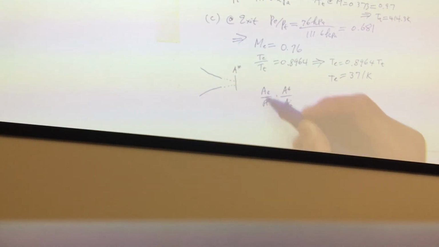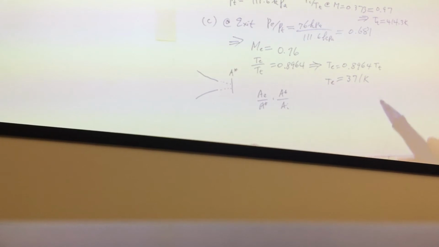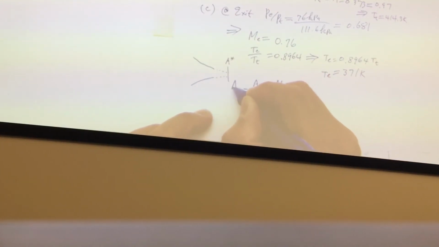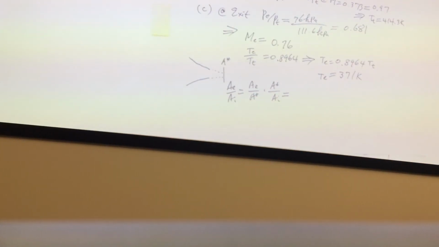And your AE over A star, because now you have a Mach number at the exit, which is 0.76, you can find out that. So this is equal to AE over AI, and you can find out the number here.